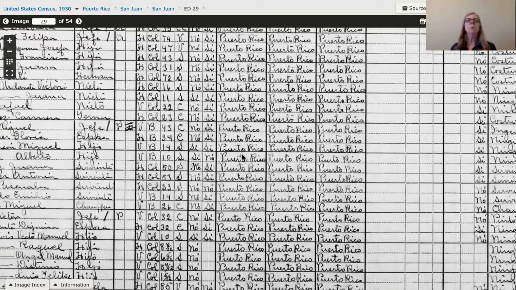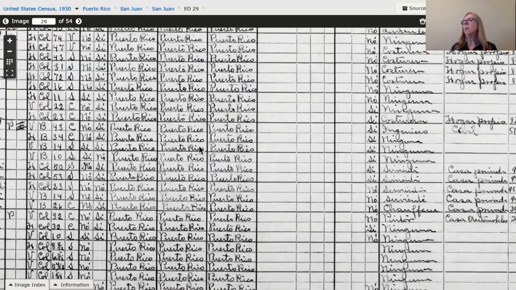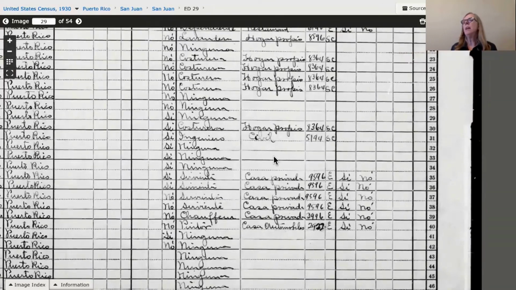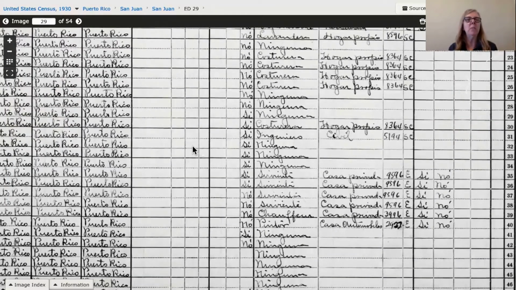The first column is where they say they were born, and the next two columns, this is where father is born and where mother is born. So it's important to look at all of these clues to see what other information you can find. And then as you go further over, you have information about their occupation and their economic status. So it's important to look those things over just to see what other clues you might find in the records.